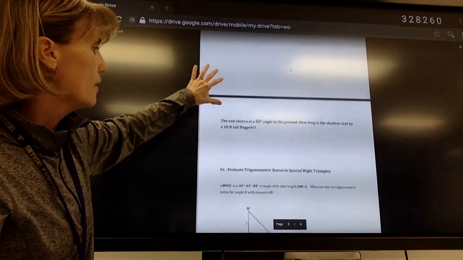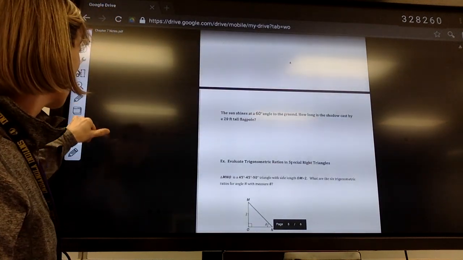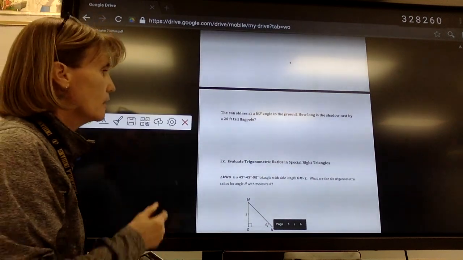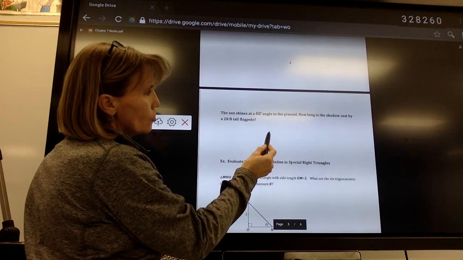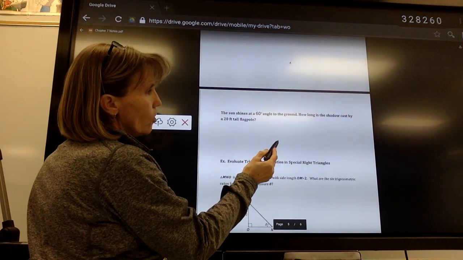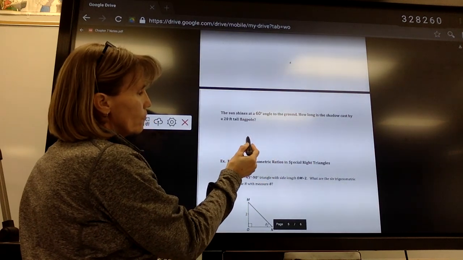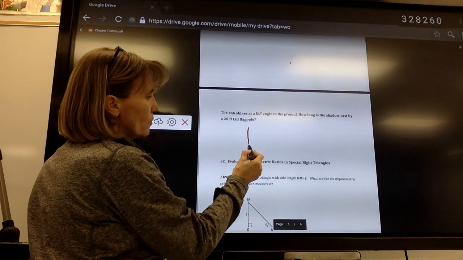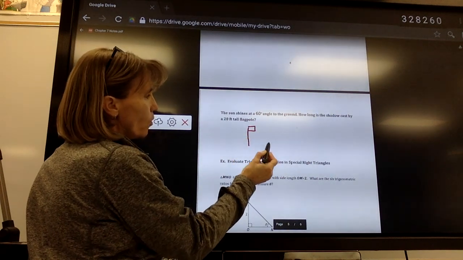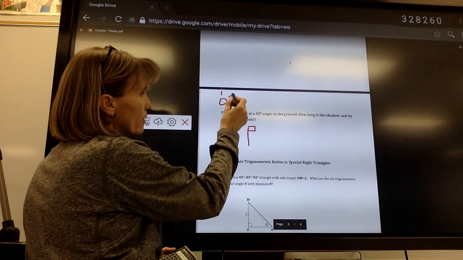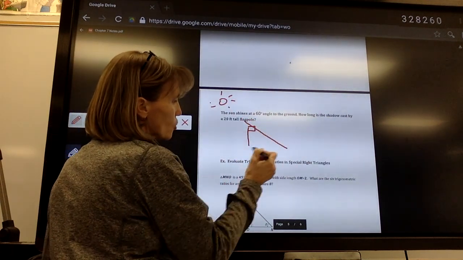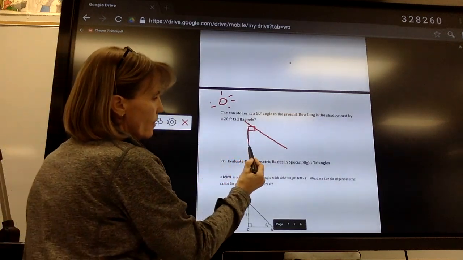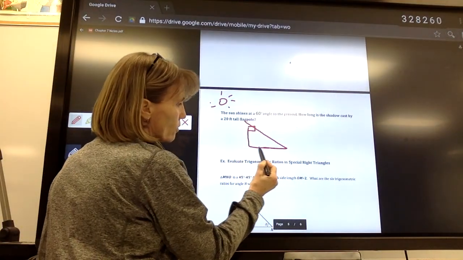Then on the next page of your packet, you've got one more example of finding a missing side length. It says the sun shines at a 60-degree angle to the ground. How long is the shadow cast by a 20-foot tall flagpole? If I drew a picture of this, here's my flagpole. The sun's out here, and it's hitting the flagpole and creating a shadow on the ground.